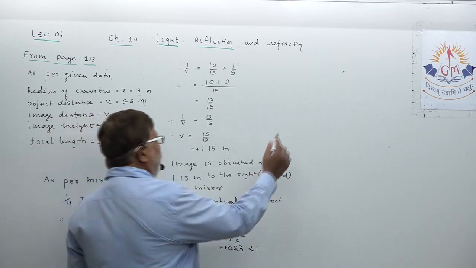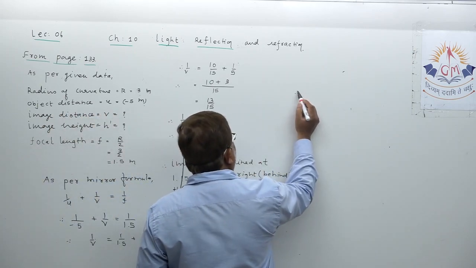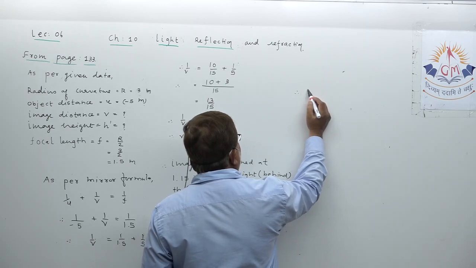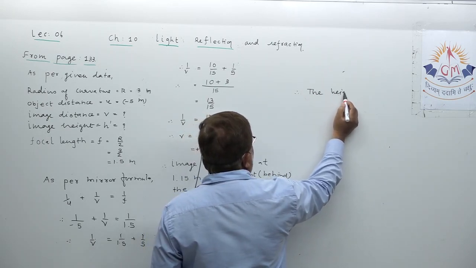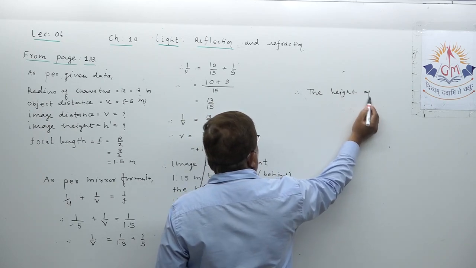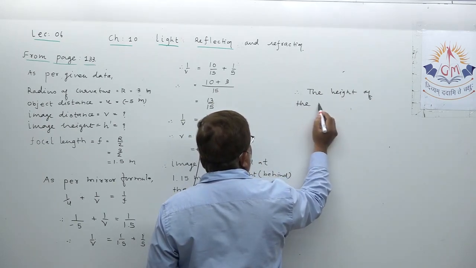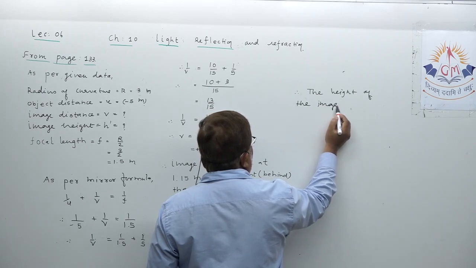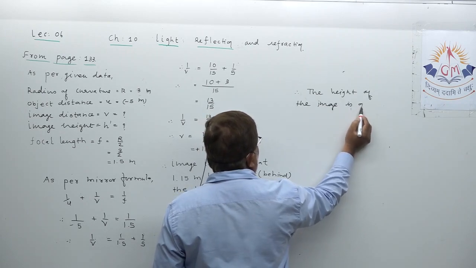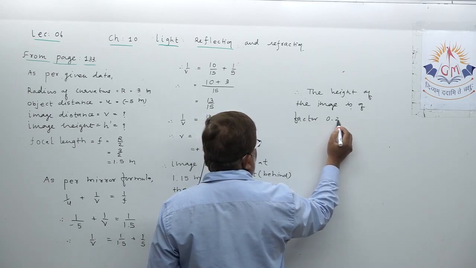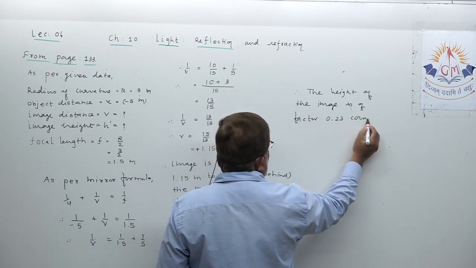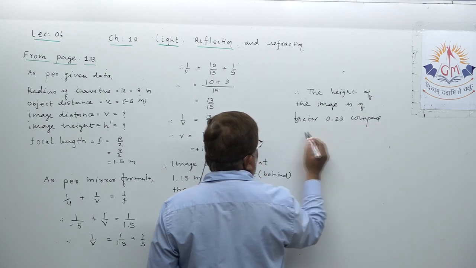Rather than finding image height, you should mention the height of the image is of factor 0.23 compared to object.